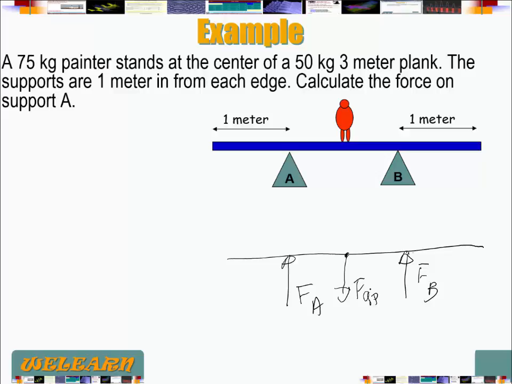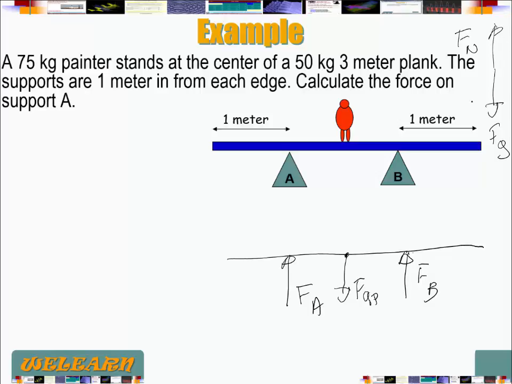Okay, what that force is going to be equal to, we are going to do a mental calculation here, because there are no other forces acting on the painter other than the gravitational pull of the earth on the painter. So if we consider the painter for a second, the forces acting on him are the gravitational force and the normal force exerted by the plank on him.